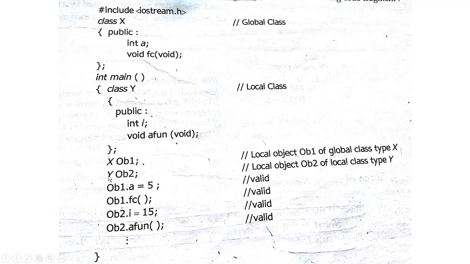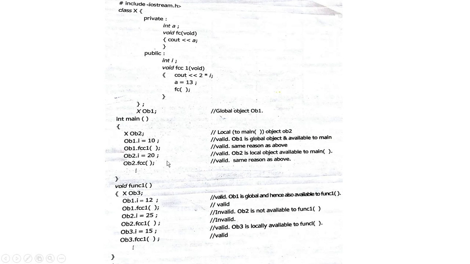Now we are creating Y ob2. This is valid because this is inside the main function, and Y is local to main. Now we are using ob1. This is valid because this is global. You can use ob1 here, ob2 here, and ob1. So you can use both of them inside this, but you cannot use an object of this class outside this function. You can only use this class inside this function.